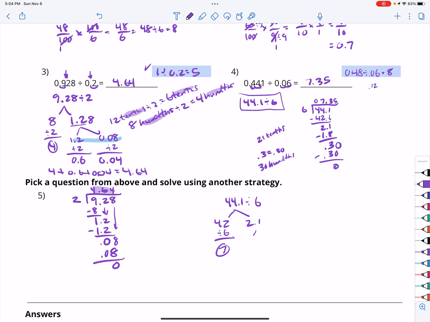And I know 2 1/10, or 21/10, is going to be 18/10. I'm going to abbreviate it like that. And I'll get 3/10. And 21/10 minus 18/10 is going to leave me with 3/10.